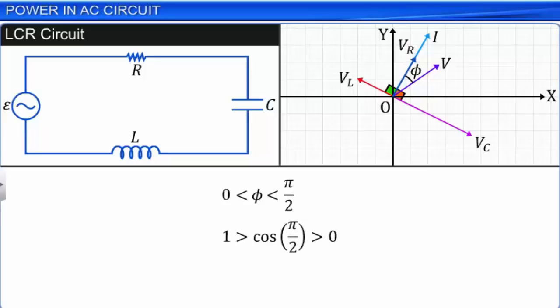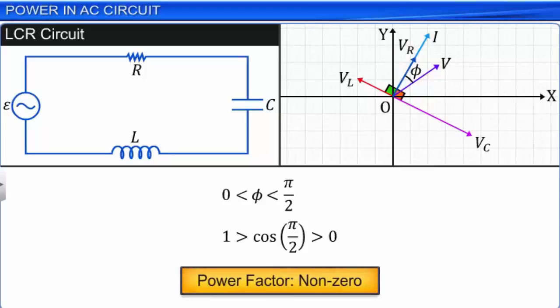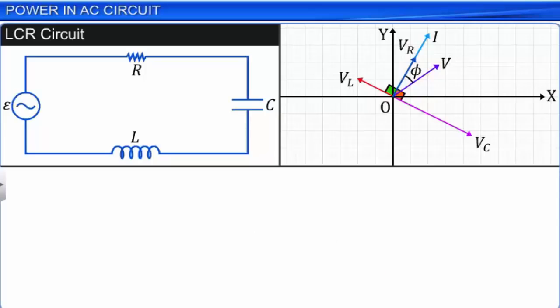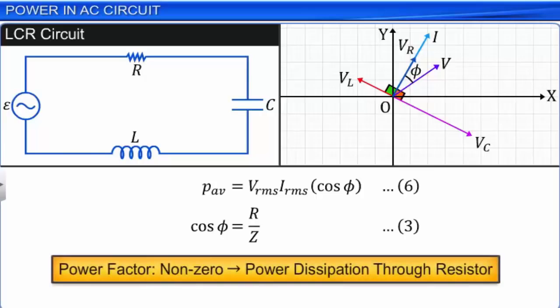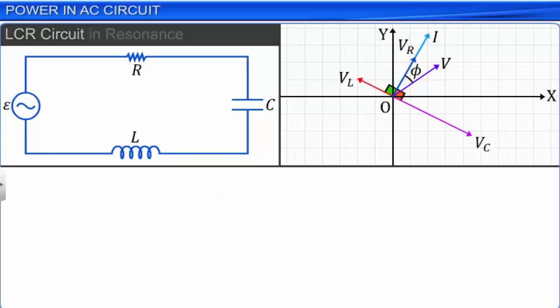The average power dissipated in an LCR series AC circuit is expressed by equation 6, where the power factor cos phi is equal to R by Z as in equation 3. In this case, the power dissipation is only through the resistor. If the LCR series AC circuit is in resonance, that is, the capacitive reactance XC is equal to the inductive reactance XL, then we know that the value of tan phi reduces to 0.